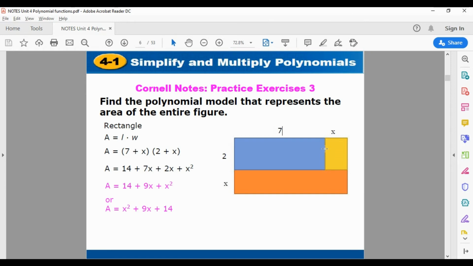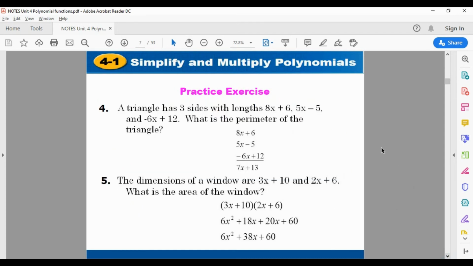And then there's also going to be whatever length we choose, x, times the 2 from the one problem, as well as x times 7. If I could physically move these two pieces together, I would see that they total 9x. So the formula actually has a direct geometric representation. It's not always convenient to look at it in these formats, but it's another way to help you see a little bit about what's going on.